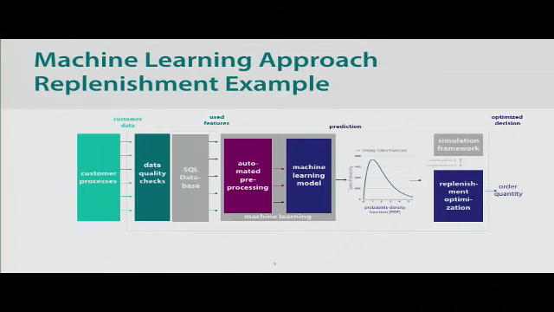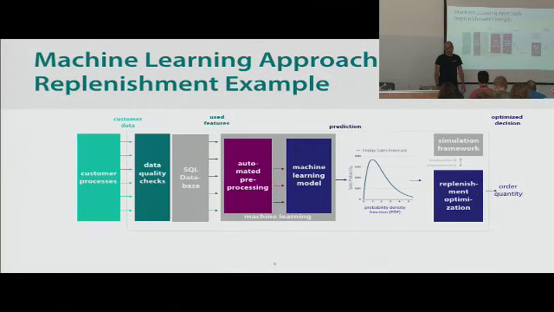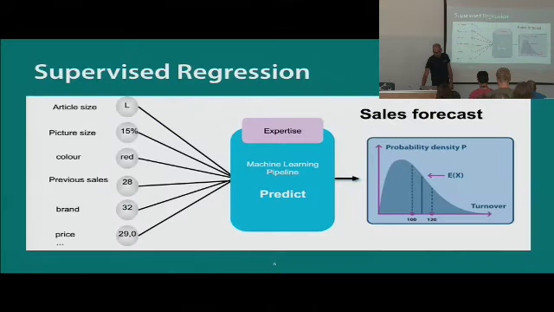And in the end, we predict the density function with predicted sales or the predicted demand. And we use this to implement replenishment, so to tell our customers how much of each good they need to order for their stores so that they don't go out of stock or have too much waste. So that's what we do as a company, and it's my day-to-day business.